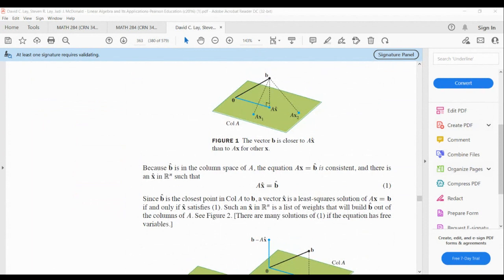See, figure 1: the vector b is closer to the vector A times x hat than to A times x for any other vector x. And A times x hat would have to be the projection of the vector b onto the column space of A.